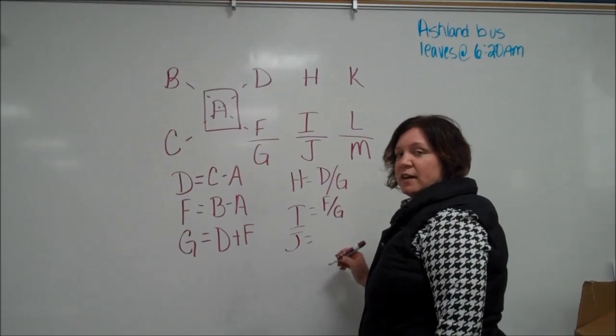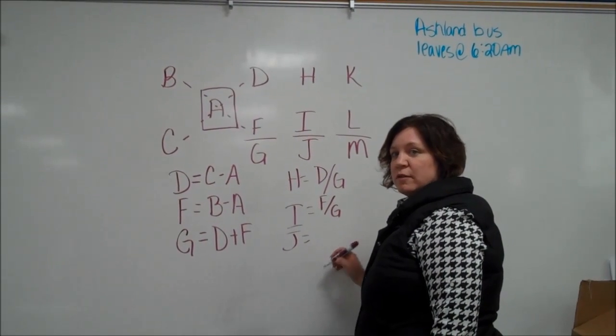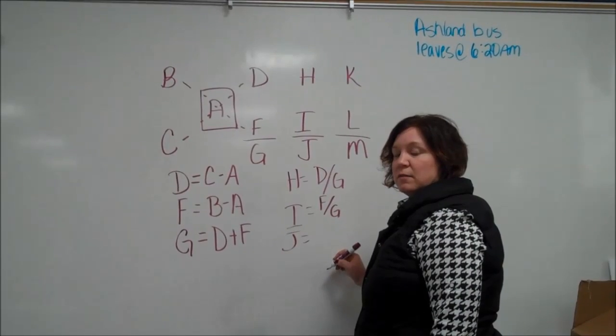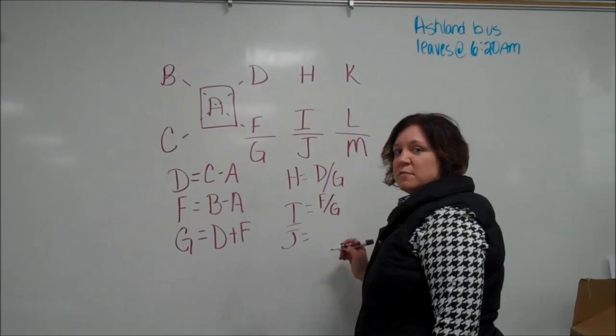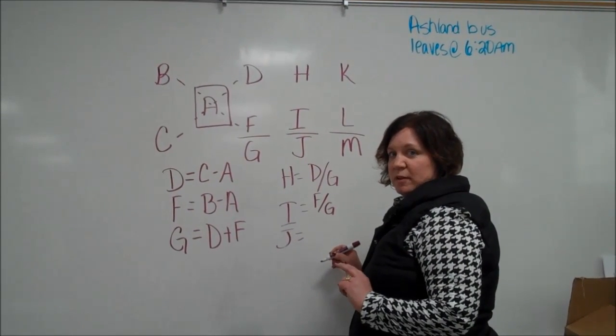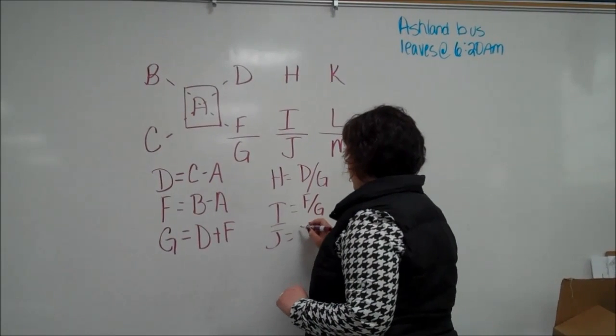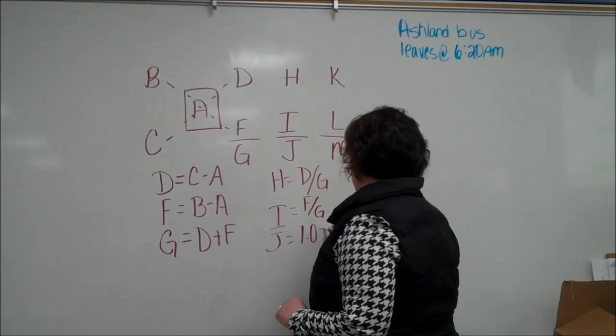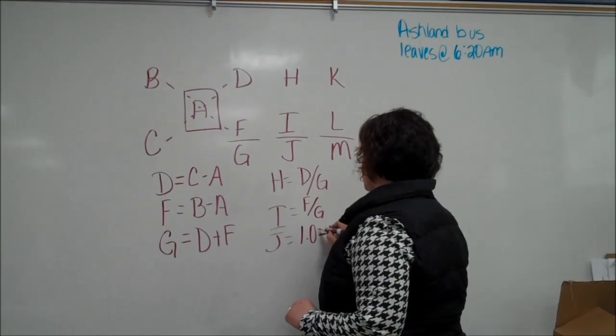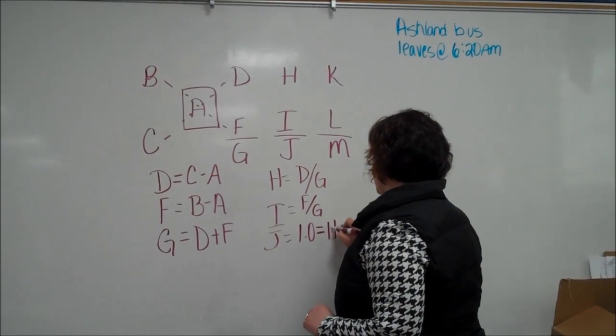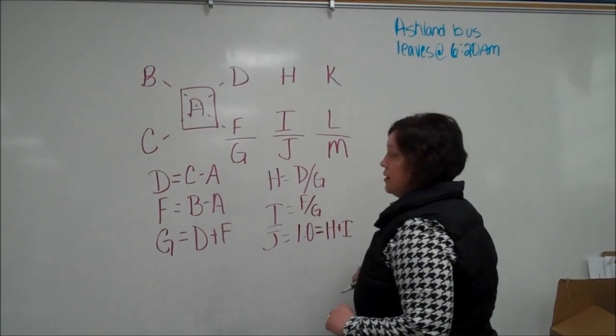If J does not equal 1.0, you know that you have done something wrong in your rounding. When balancing a feed ration, it's important that you go to the second decimal place, always the second, the hundredths. It's also important that when you add H and I, they equal 1.0.